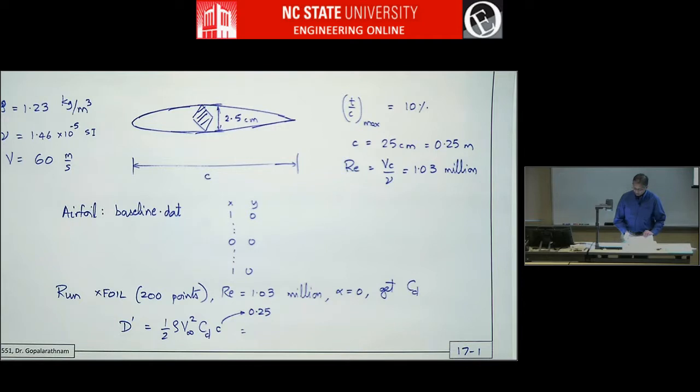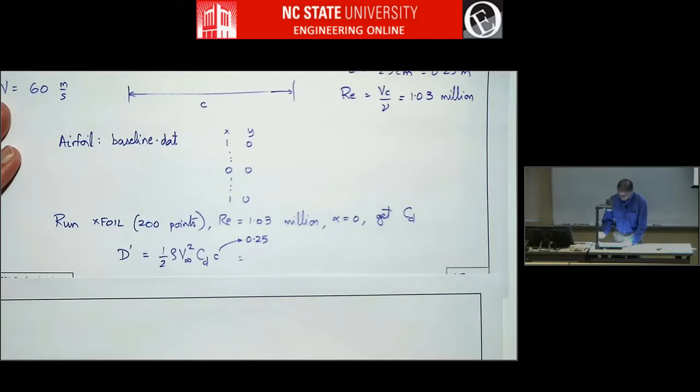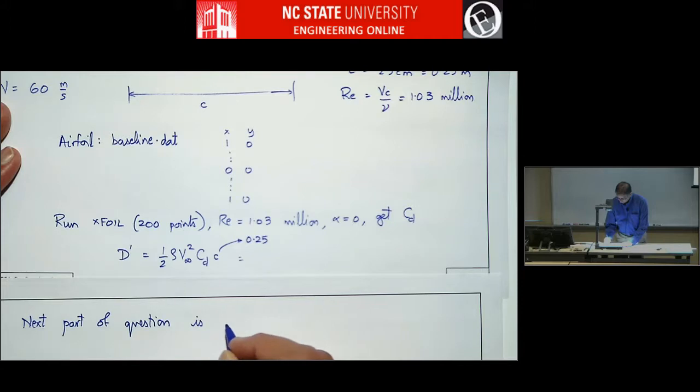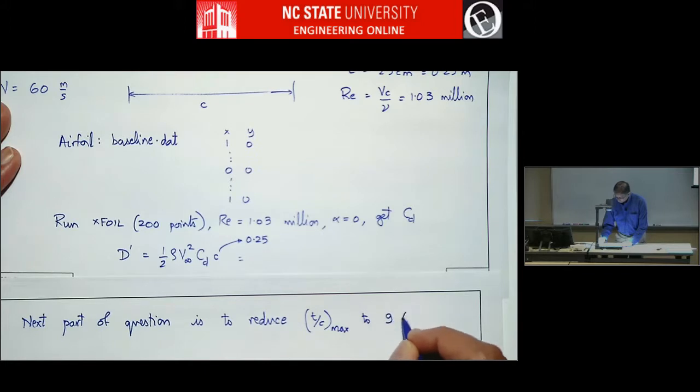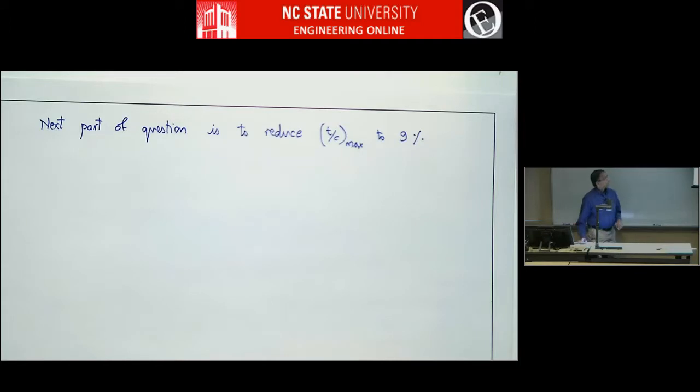Now the second part of this question is, now reduce thickness to 9% chord. So what do you do? You load the baseline airfoil. That part is the same.